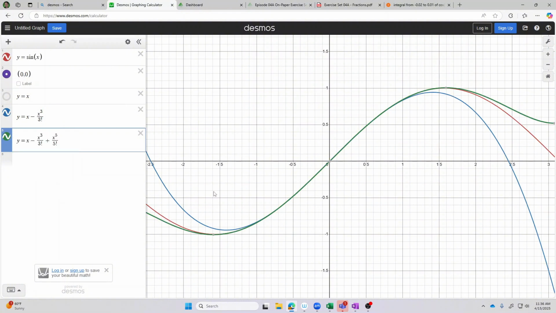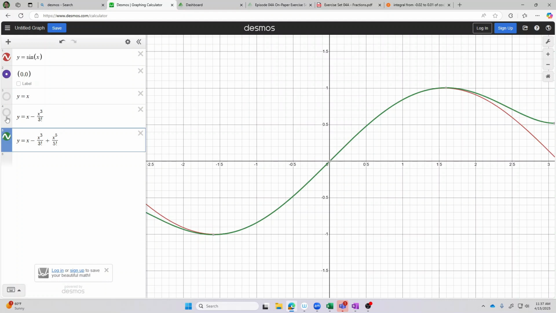Okay, so now the Taylor polynomial of degree 5 is this one drawn here in green. And what we can see now is that the Taylor polynomial of degree 5 hugs close to sine of x for an even longer period of time, right?